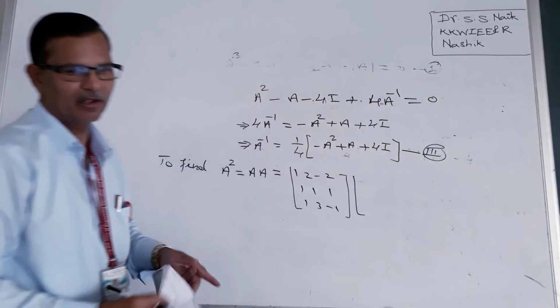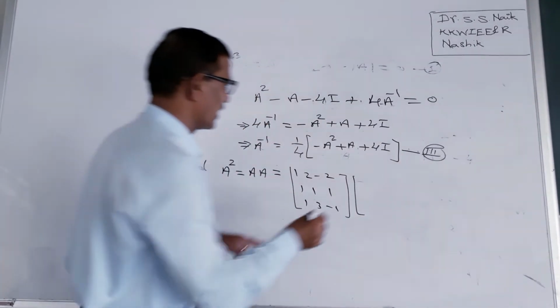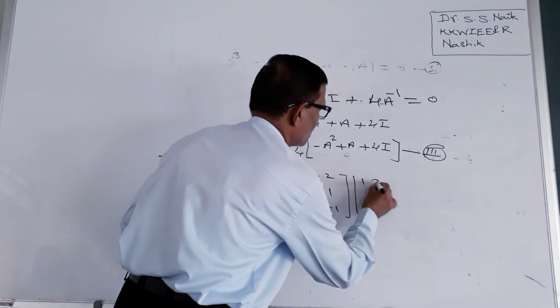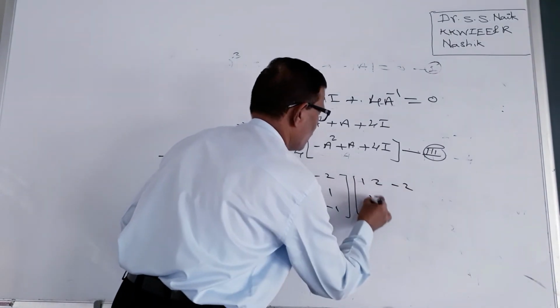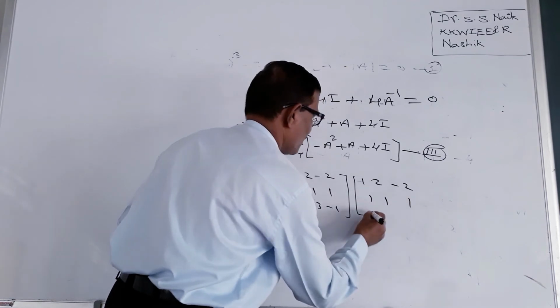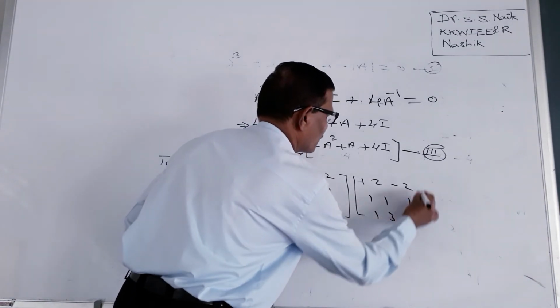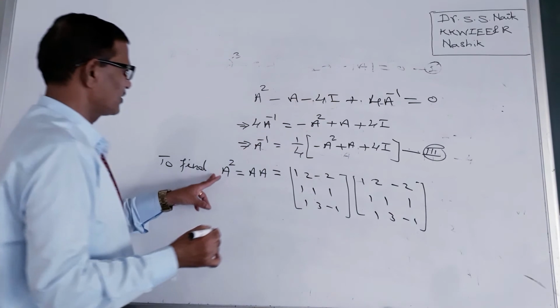When you multiply this again by 1 2 minus 2, 1 1 1, 1 3 minus 1, you get A square.